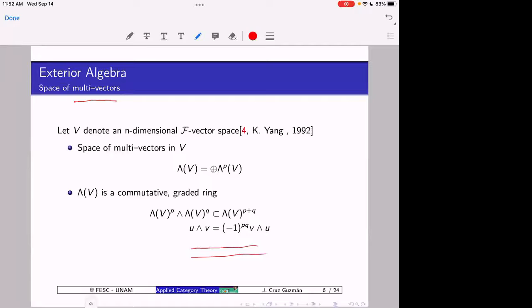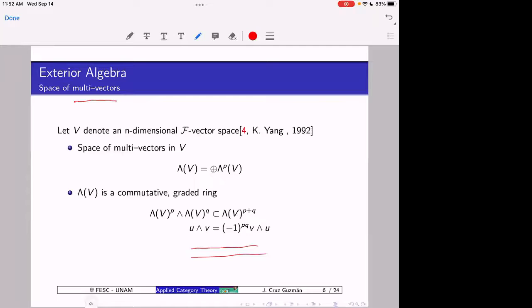Then we can say that Clifford algebra is one exterior algebra of multivectors. Is that okay, Professor Garrett? Yeah, that's perfect. No problems.